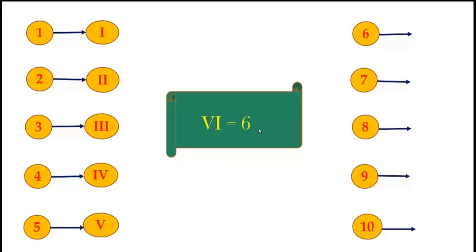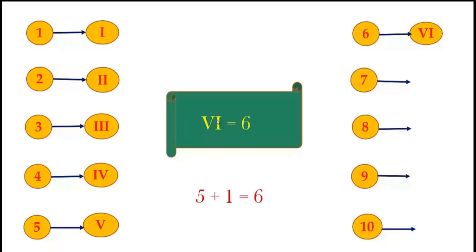As per the rule of addition, a smaller value written after a greater value has to be added. So 5 plus 1 is 6. Hence 6 is written as VI.